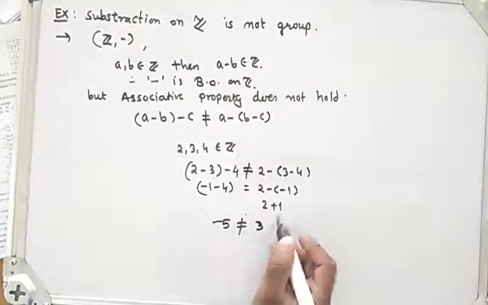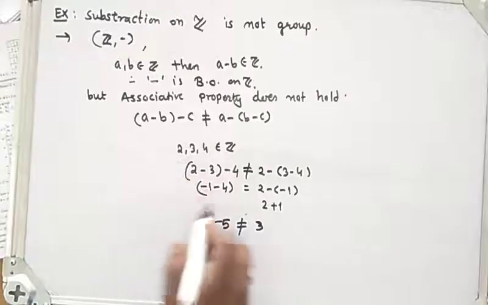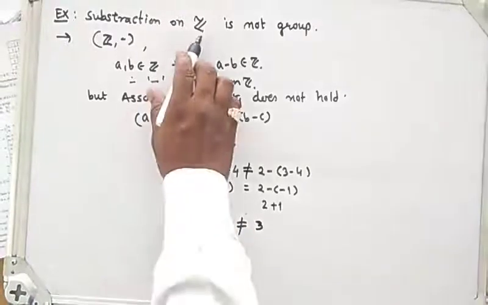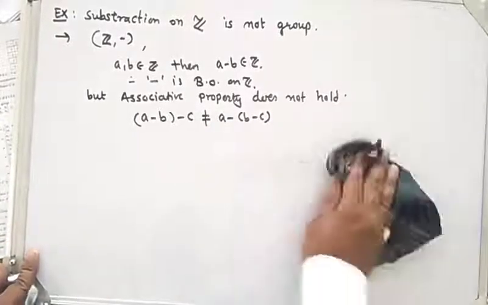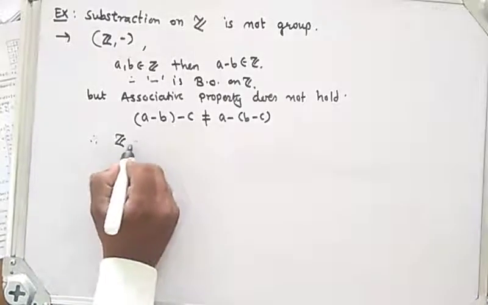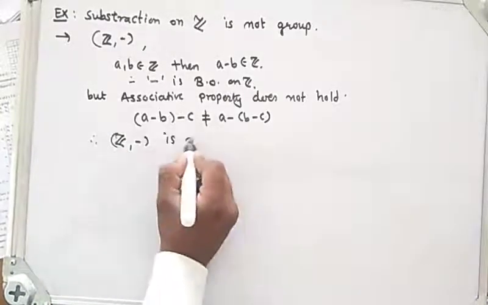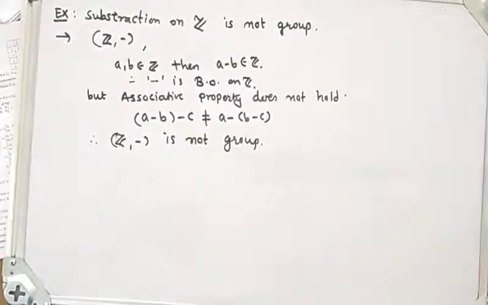So -5 is not equal to 3, which means that for these three elements, subtraction on Z is not associative. The associativity property fails, so it doesn't form a group. Therefore Z under subtraction is not a group, right?